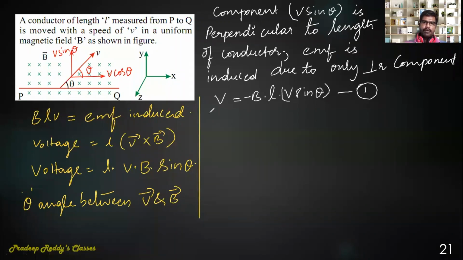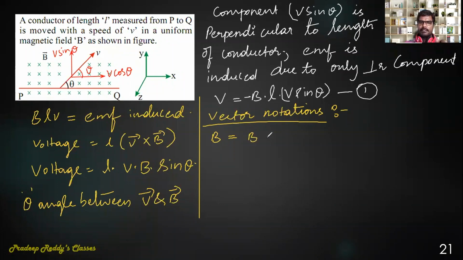Or you can even use vector notations. I can use vector notations and write down the same equation. So how to use vector notations? Check it up. Magnetic field is into the page, that will be negative. So B, I name it as B, and this is along the Z axis. It is minus K cap. That is the magnetic field.